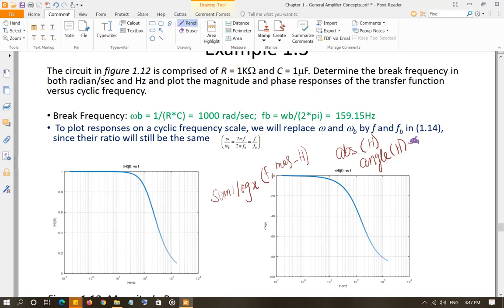So to convert into degrees, you multiply that by 180 and divide by pi. So these two functions come in very handy when you are calculating the magnitude and phase of the complex number. And semilogx is to change the x-axis into a logarithmic scale to see the output results better.